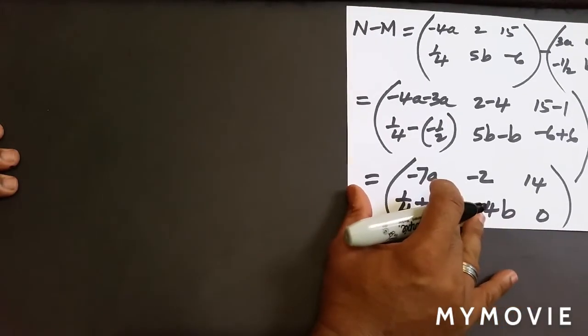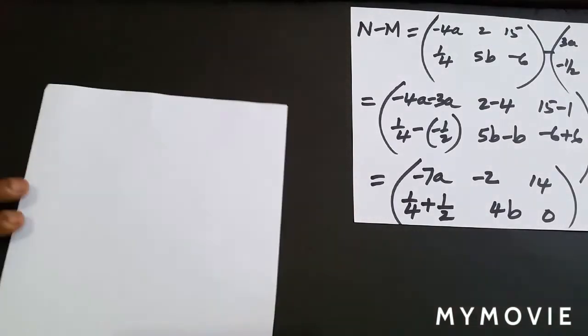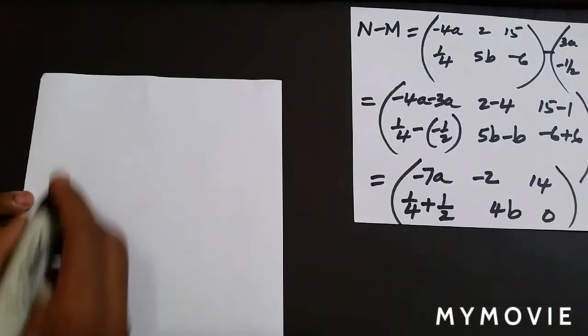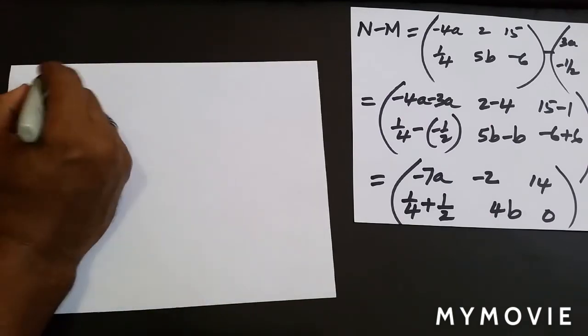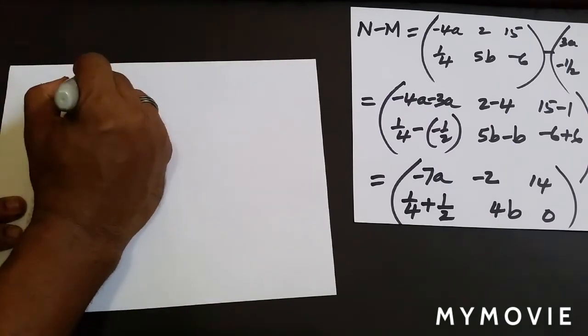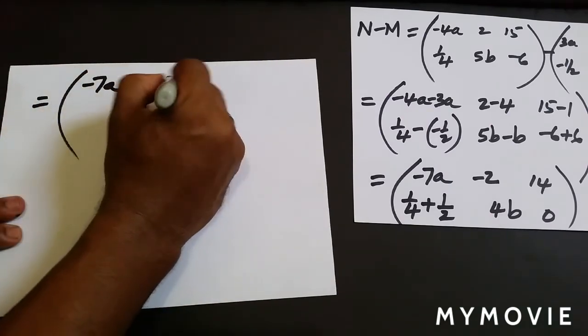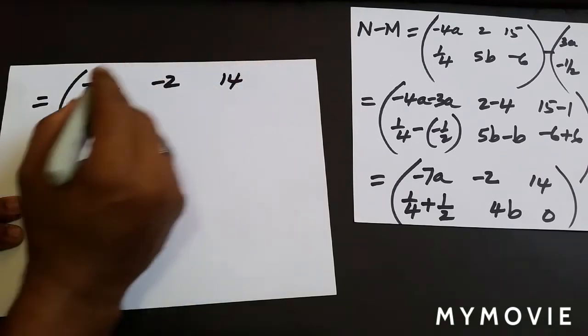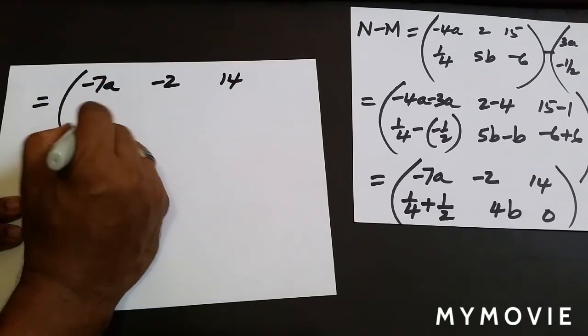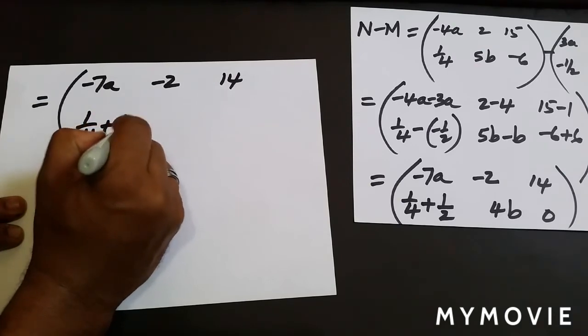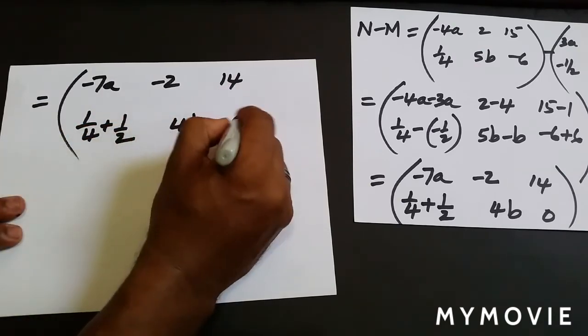So I'm going to put that over there. And what we need to do is just work out this problem. So this would simply be equal to minus 7A, minus 2, 14, a quarter plus a half, 4B and 0.